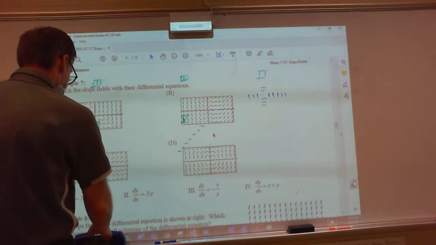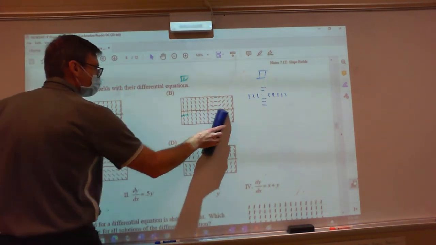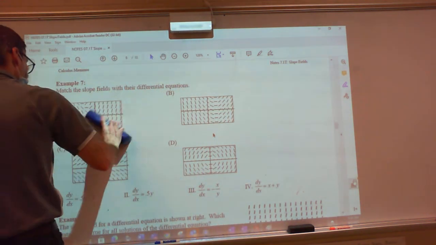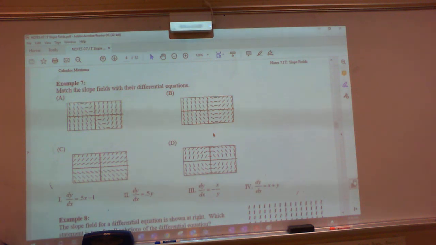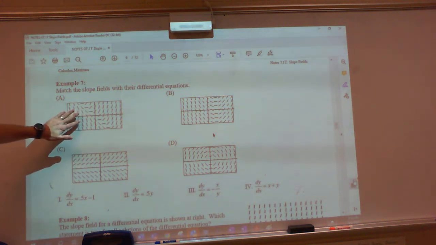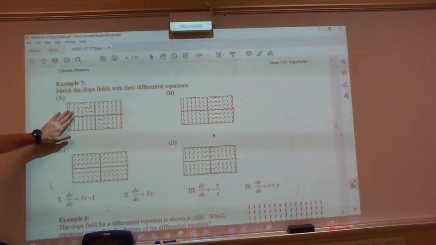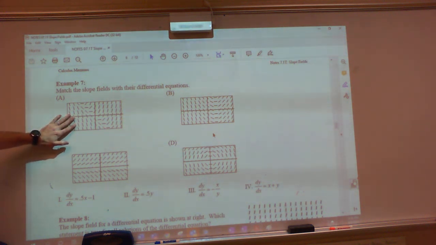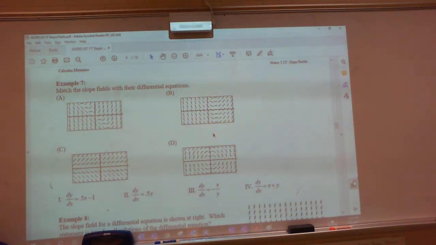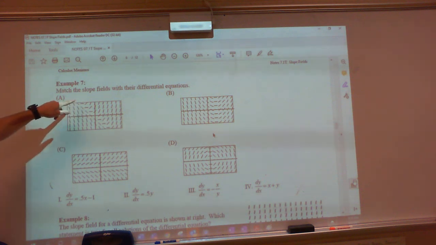All right, let's try it again. Here, let's go through A. Are there zeros? Where are there zero slopes? Give me coordinates. What's the relationship between x and y?